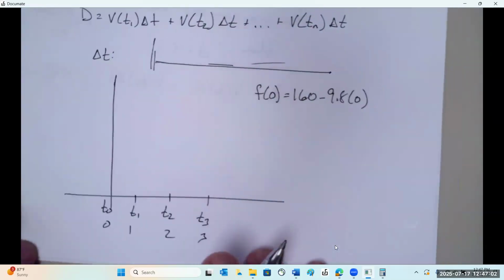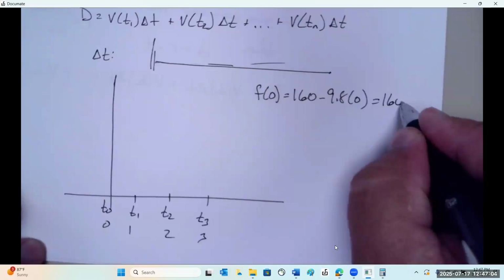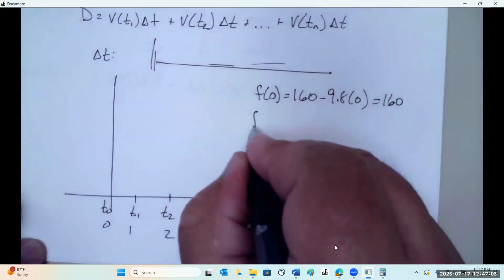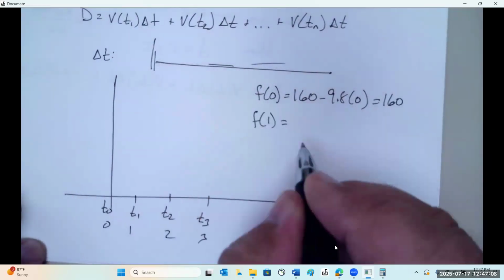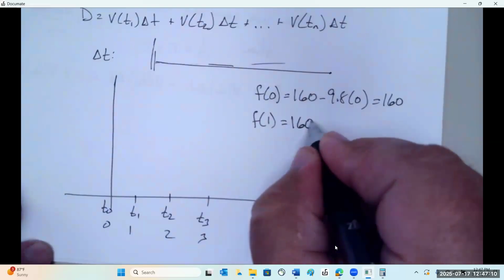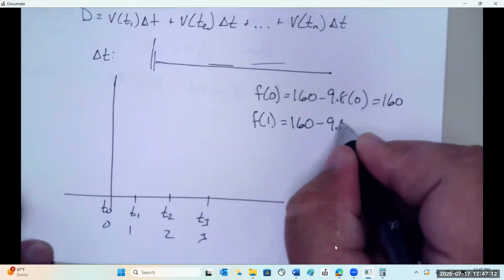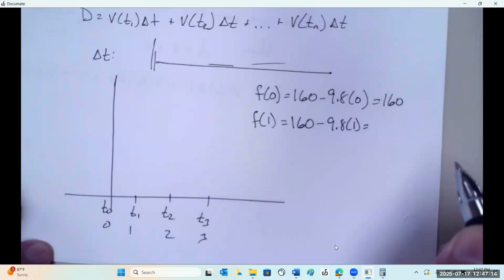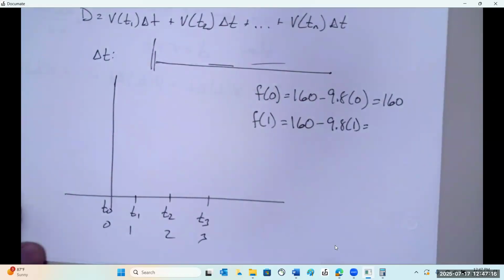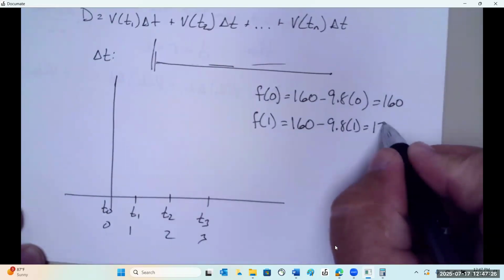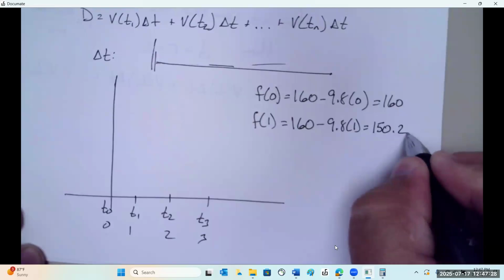What does that equal? 160. When time equals 1, 160 minus 9.8 times 1. What is 9.8 times 1? 9.8. So 160 minus 9.8 is 150.2.